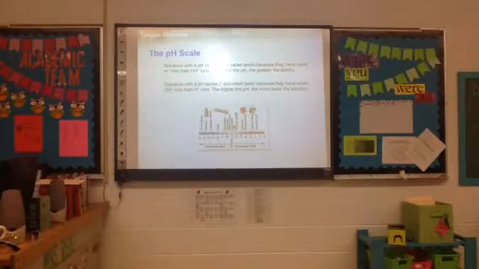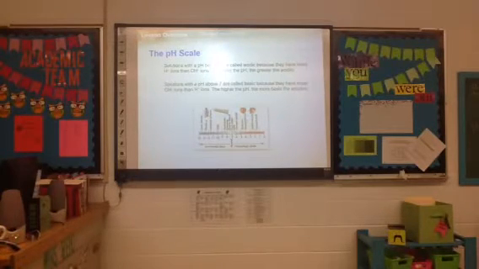And the lower you go, the more hydrogen ions you have. So if I have a pH of 2, that is more hydrogen ions than a pH of 4. But again, it's still measuring the number of hydrogen ions.